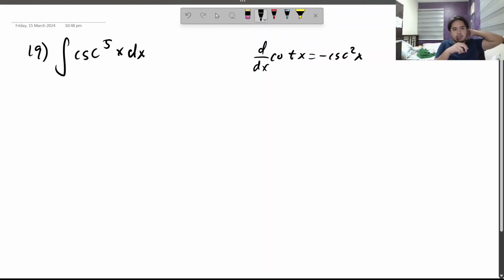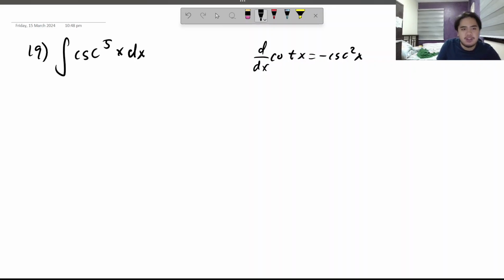So there's cosecant to the power 5. Maybe we can split that into cosecant cube and cosecant squared. But cosecant cube doesn't have a good analog to cotangent. Let's try using the DI method for this one, or integration by parts. I just call it the DI method.